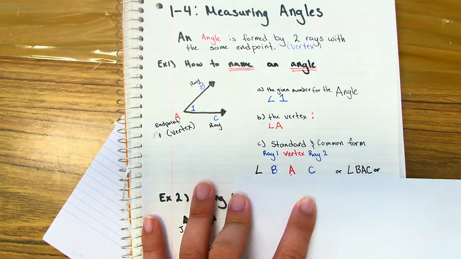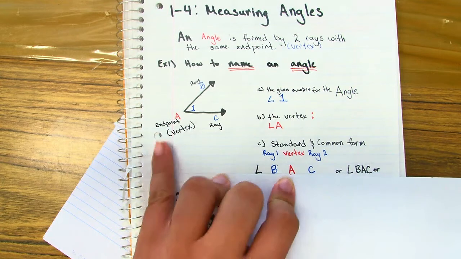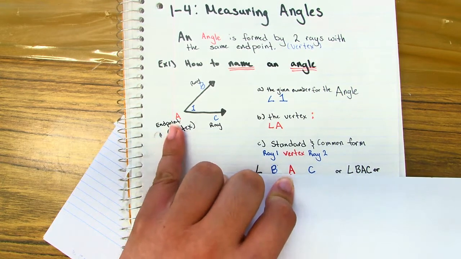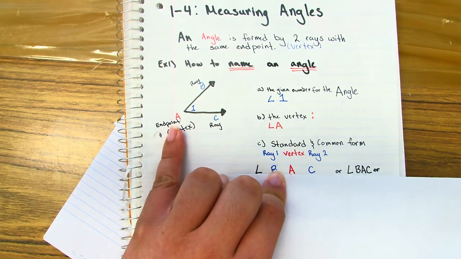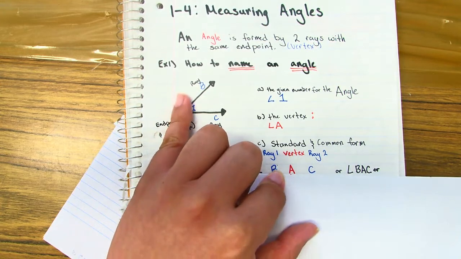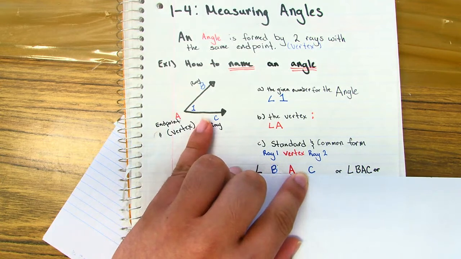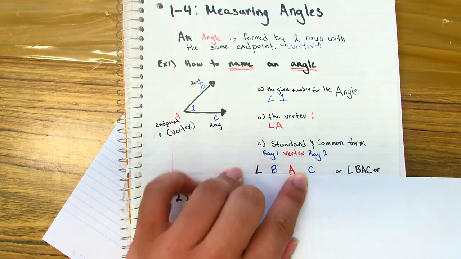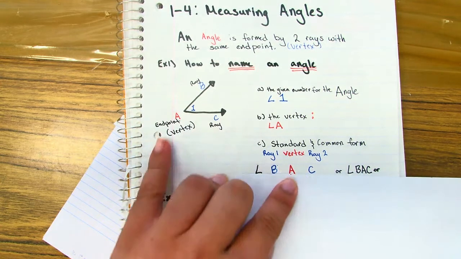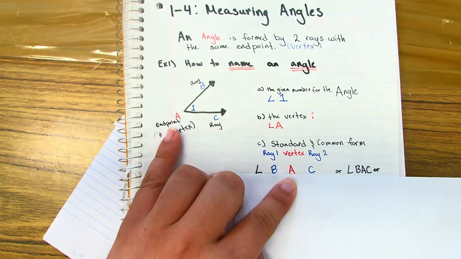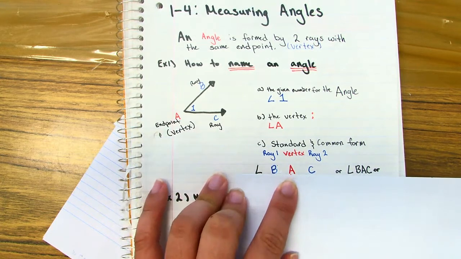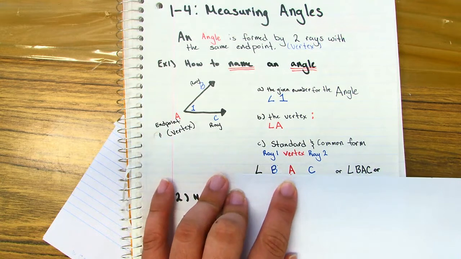Here, to name this angle, again, the vertex in this diagram is point A. Ray 1, you can use B. You can use ray 2 as C. Just make sure that the vertex is always in the center. Very, very important foundations in naming and reading angles.